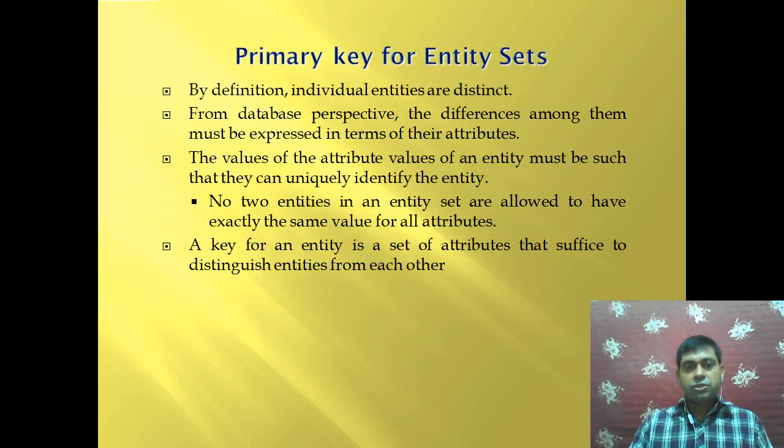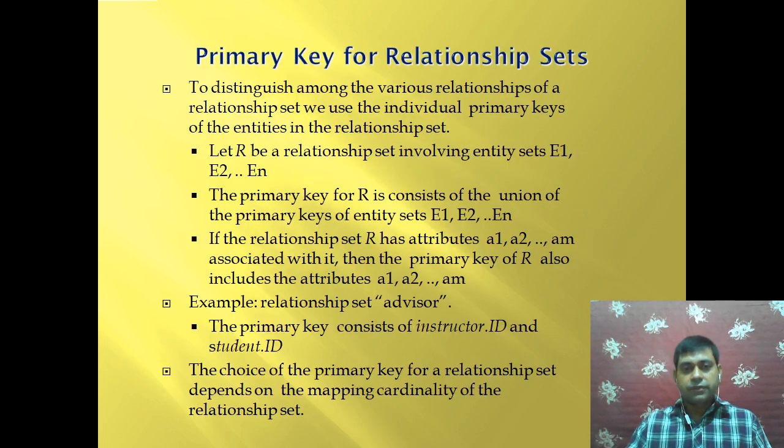By definition, individual entities are distinct. From the database perspective, the differences among them must be expressed in terms of their attributes. A key for an entity is a set of attributes that suffice to distinguish entities from each other, right.